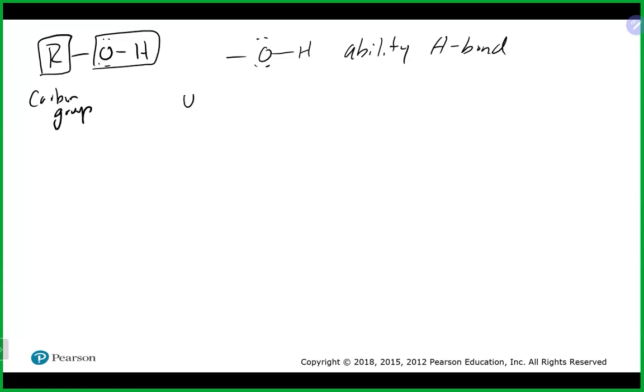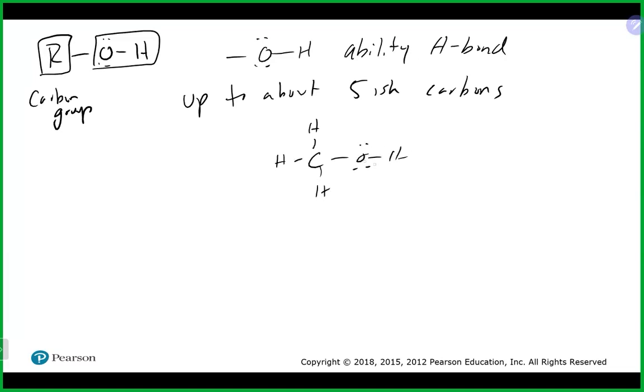So up to about 5-ish carbons, if you've got about 5-ish carbons, that's an alcohol you're going to find to be fairly soluble in water. It's going to be very soluble in water. Like we saw with methanol, it's going to have really no problem hydrogen bonding with water.